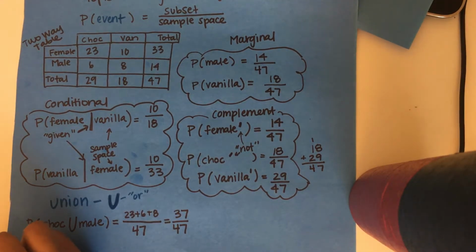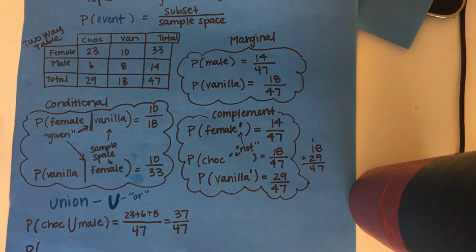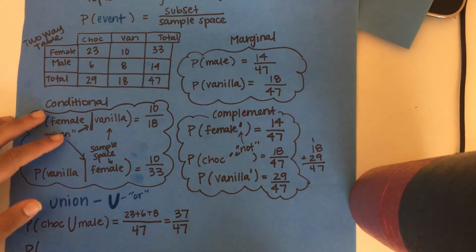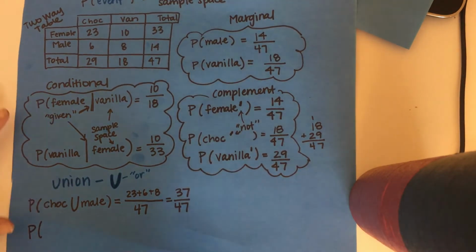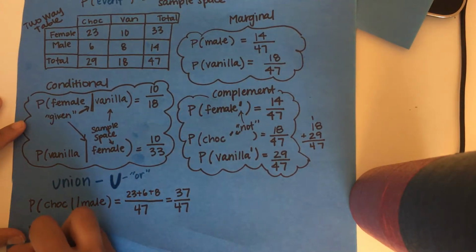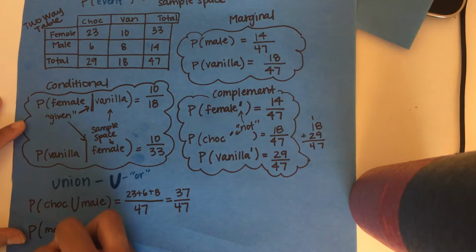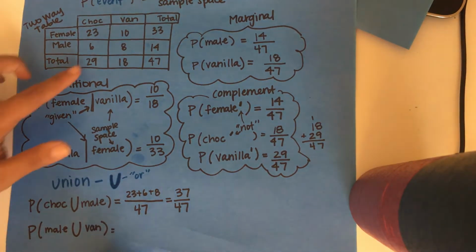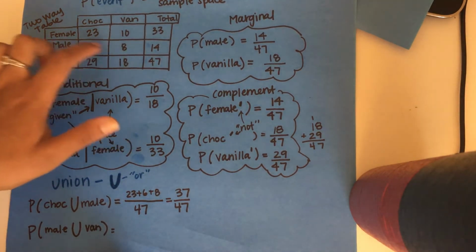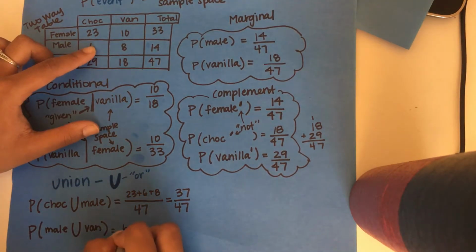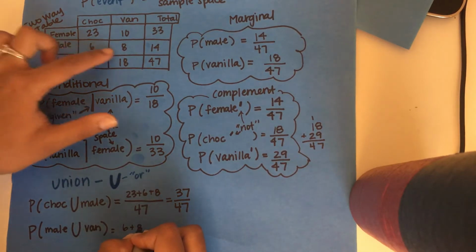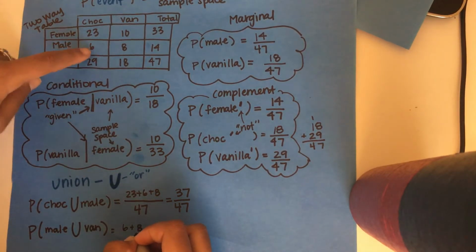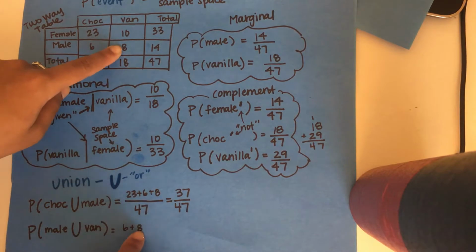Let's do another example. The probability that someone is male or likes vanilla. Well, we know that the probability that someone is male is either 6 or 8. And what about the people that like vanilla? Well, we know that 8 males like vanilla, but we've already counted them.